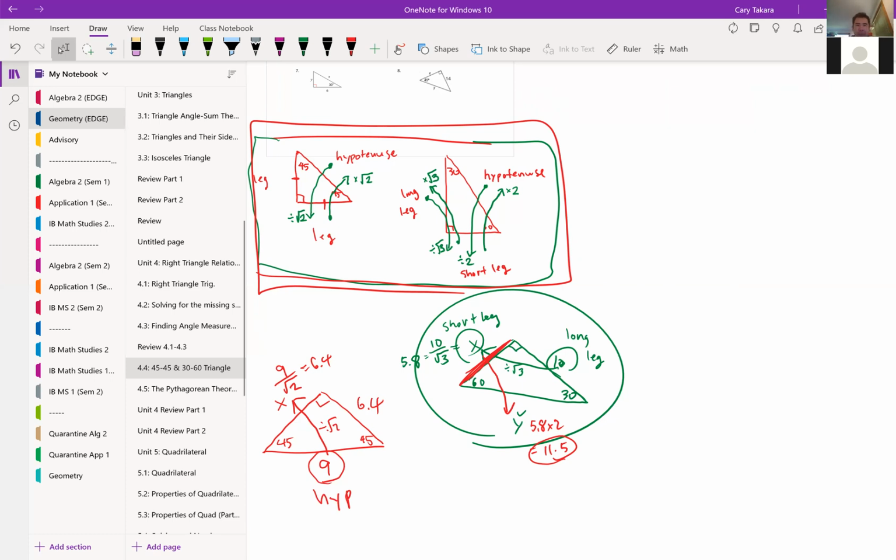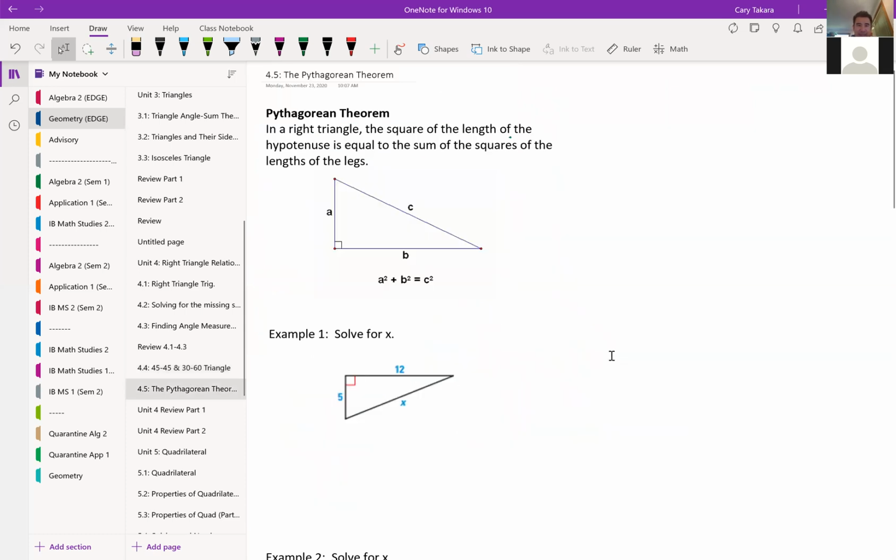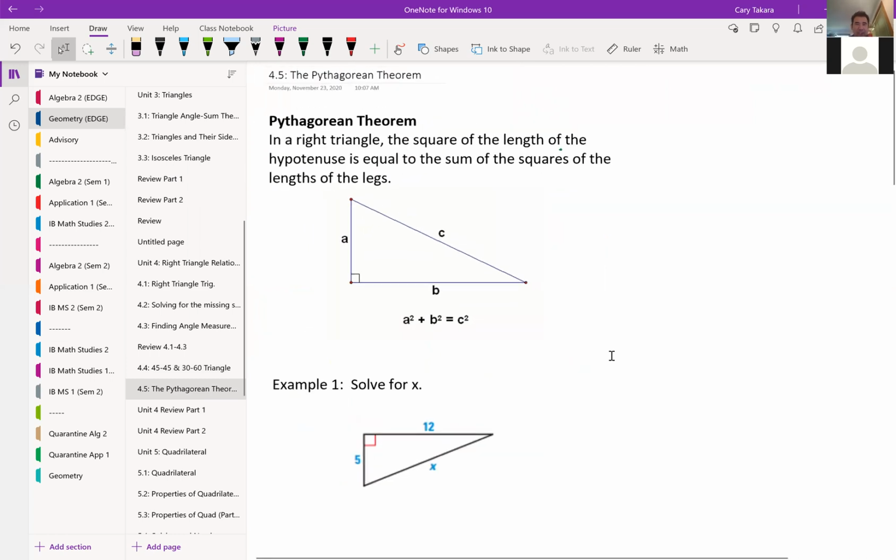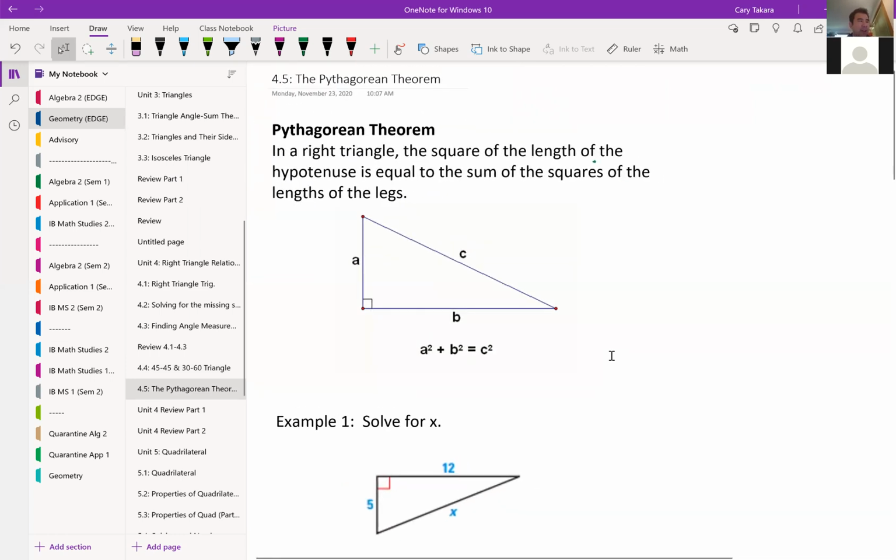Okay, let's move on. So I'd like to talk about the last section of the unit, which is on Pythagorean theorem. Has anybody heard this before, Pythagorean theorem? If you don't remember that, has anybody heard a squared plus b squared equals c squared?